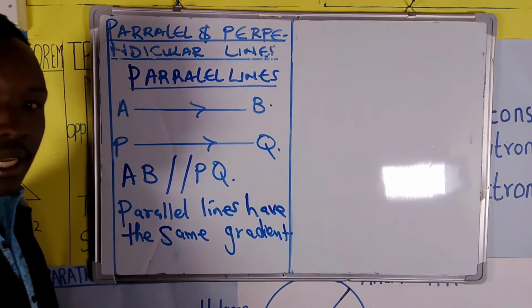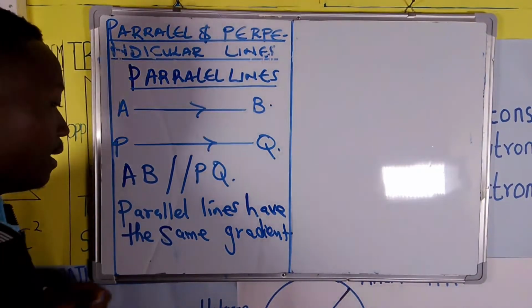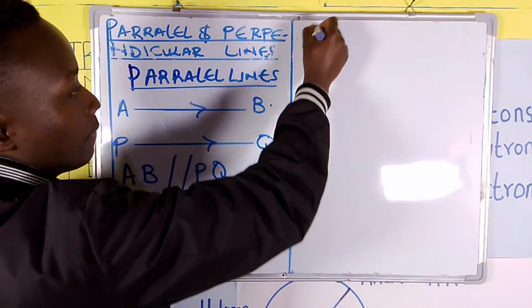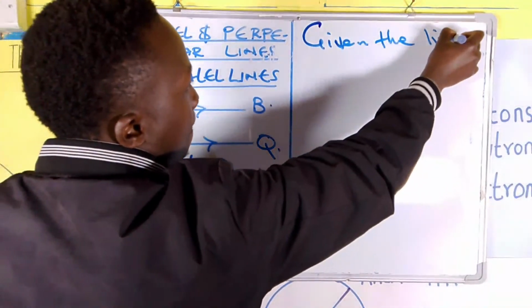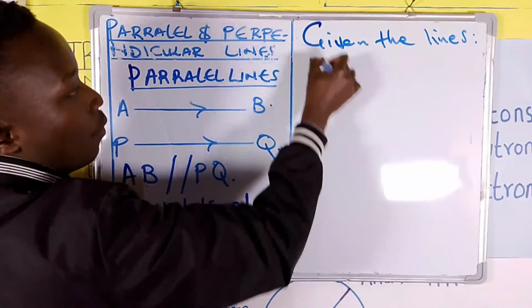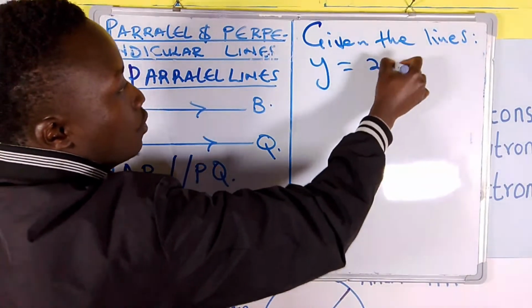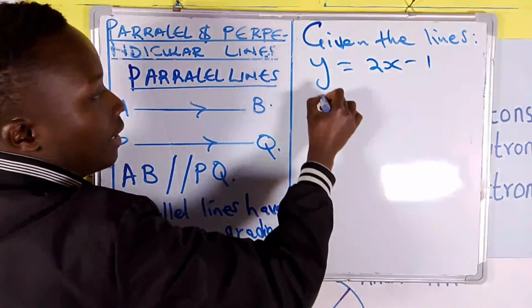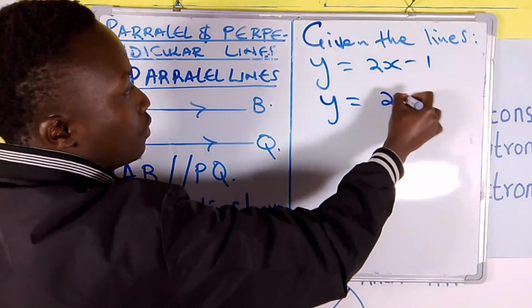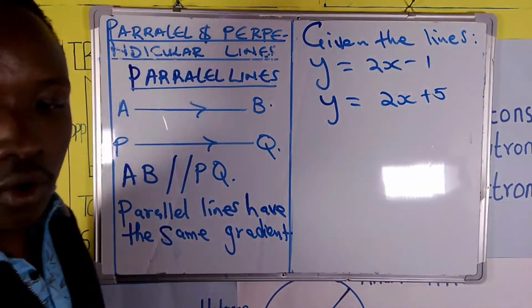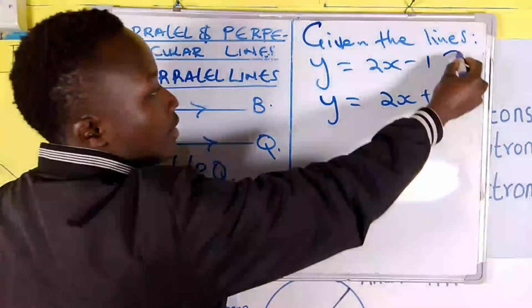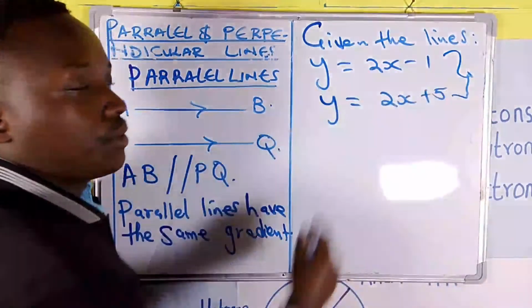By saying parallel lines have the same gradient, we mean that given the lines y is equal to 2x minus 1 and y is equal to 2x plus 5, we can conclude that these two lines are parallel to each other.